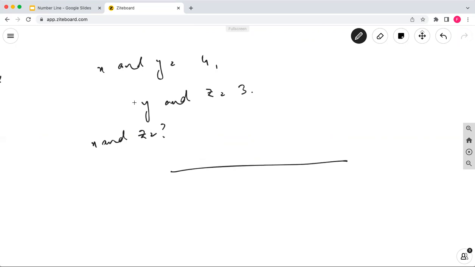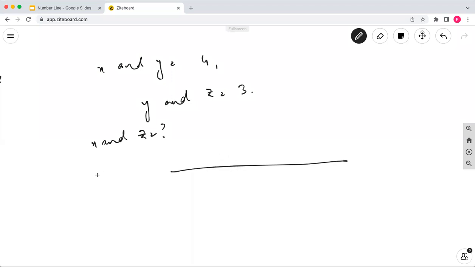If the distance between x and y on the number line is 4, and the distance between y and z on the number line is 3, can I find the distance between x and z on the number line? What will be the distance? Maybe 1. Maybe 1.